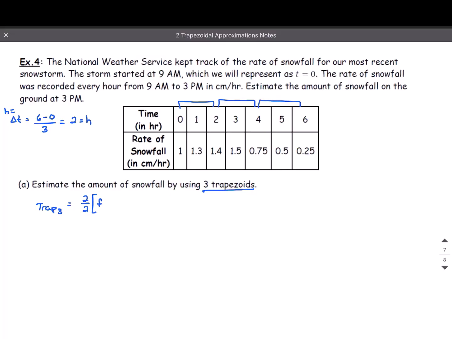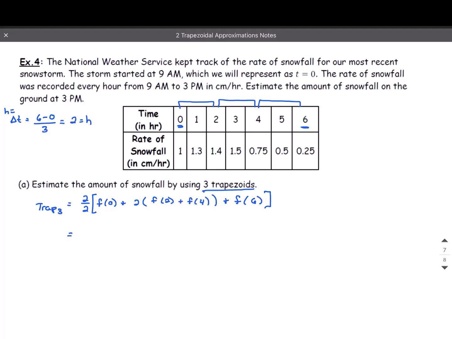So the first place we're finding the function value is 0. Now we're going to double. We're going to find the function value at 2. We're going to find the function value at 4. And now I'm closing that because the last one is 6. So at 0 and 6, we're only using the function value once in one trapezoid.